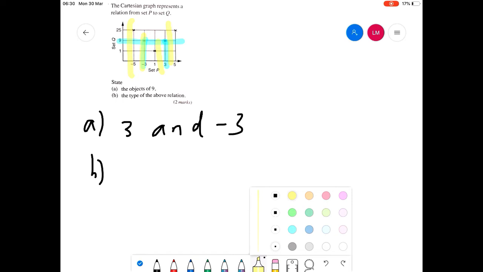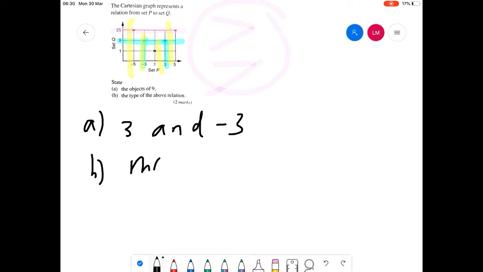But when you go horizontal, you will find out that at one image you have more than one object. That means you have more than one object which is mapped to one image. So if you use the Venn diagram method, you will find out that you are going to have a many-to-one relation.